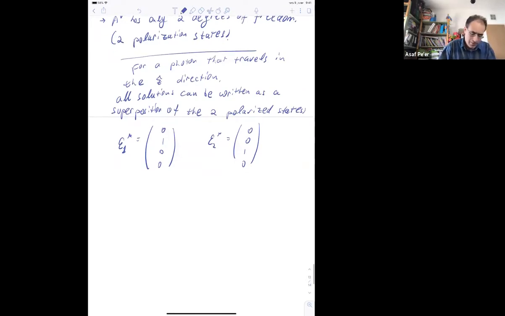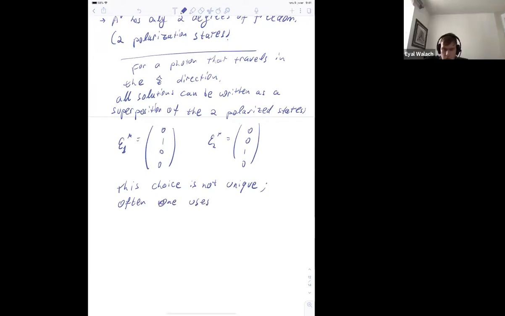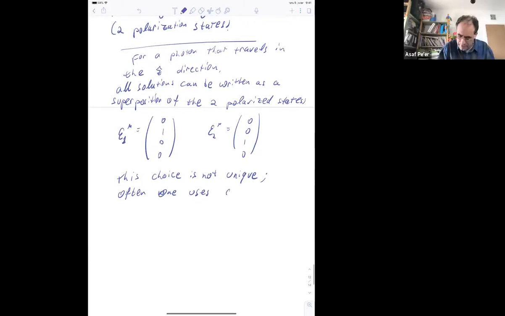It's just a choice of basis essentially. Often one uses the circularly polarized states.